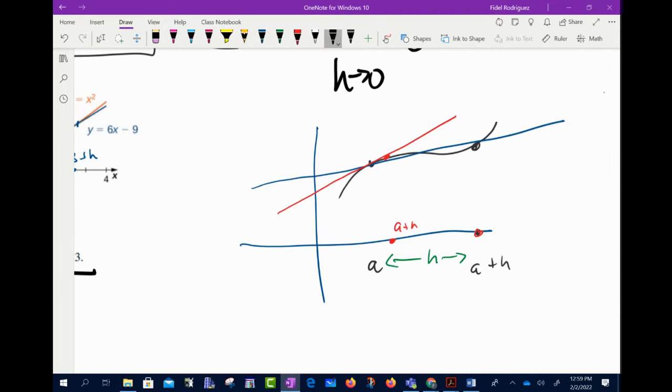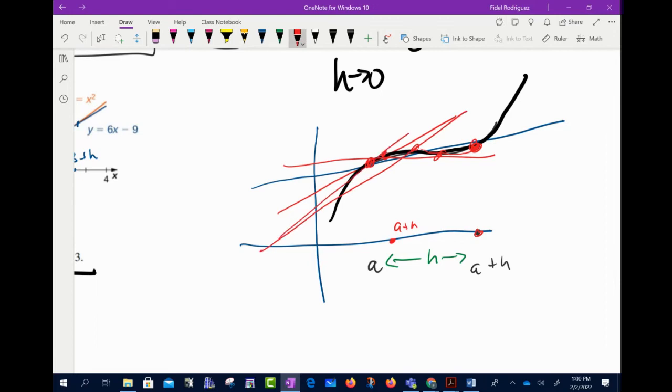But if you could think of this graph, let me do it here so I can make it a little bit thicker, think of this graph almost like the train track that's outside, okay? And if I could take this point and move it along that track until I get closer to this point, so if I moved it over here, there's that line. If I move it over here, there's that line, right?